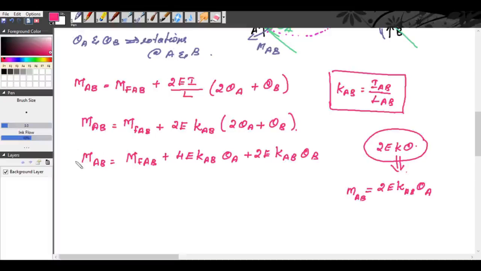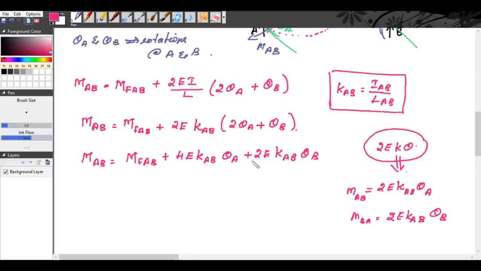For this moment MAB, that is the contribution of the rotation at A. So small mAB is called the rotational contribution of end A to MAB, and small mBA will be equal to 2EKAB into theta B. That is the rotational contribution of end B for this moment MAB.